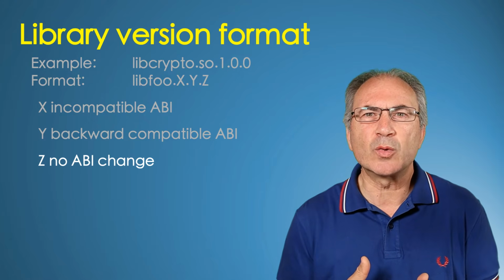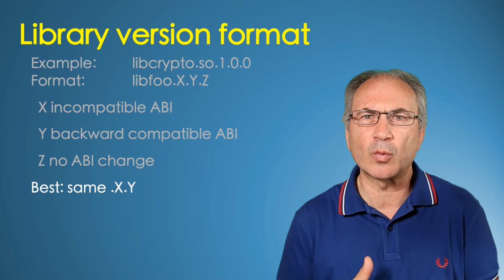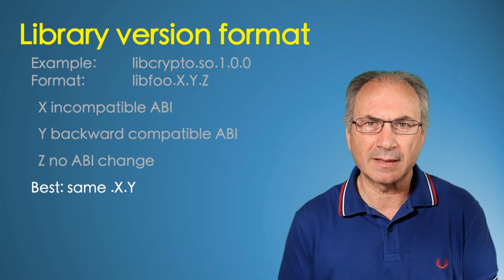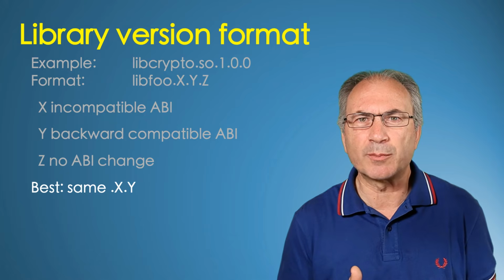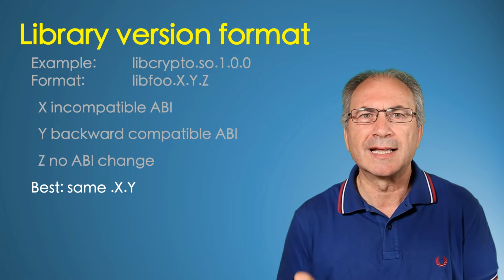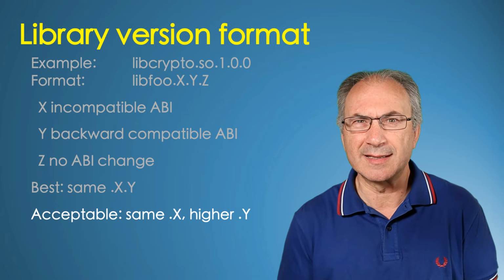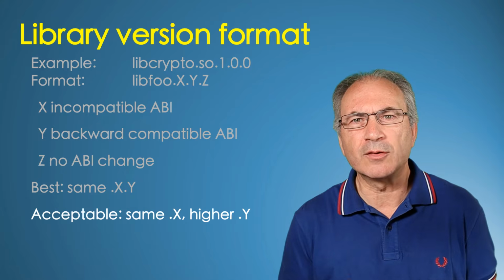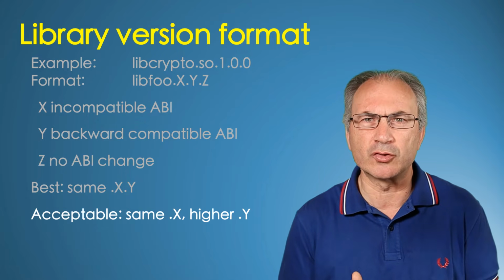In our case, we want to include in the root file system the same x and y releases of the open source library used in the executable binaries we are interested in. If this is not possible, we could try to keep the x release and a higher y release.